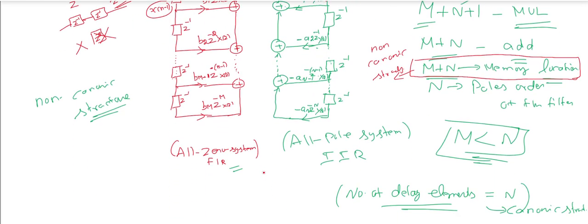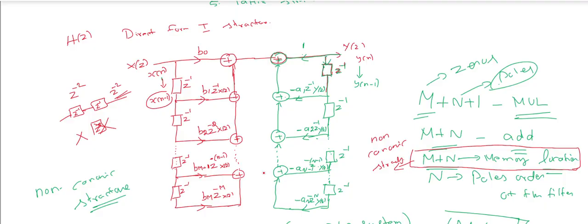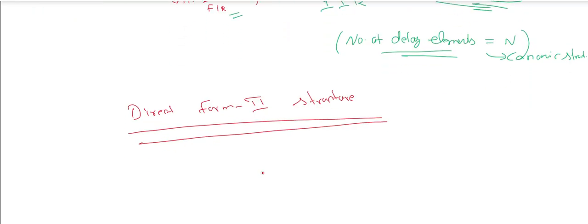See, the zeros, we don't change the zeros structure as such. We can keep it, so from two structures, I'll draw it here.